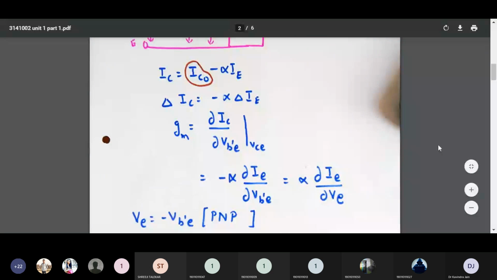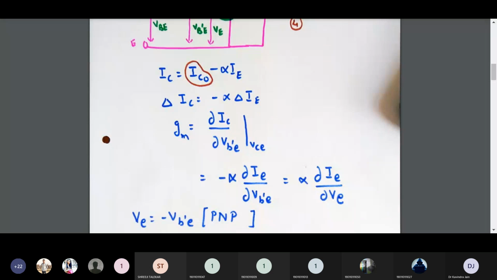Now, I have removed the negative sign because the negative sign is the representation of a PNP transistor, whereas in case of an NPN transistor, it would be plus. Secondly, VB'E can be taken as VE.